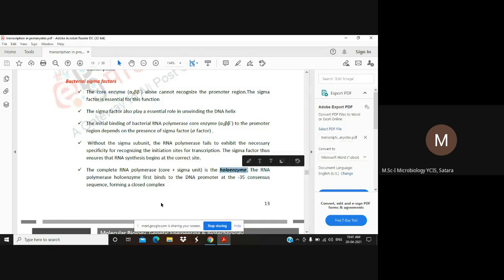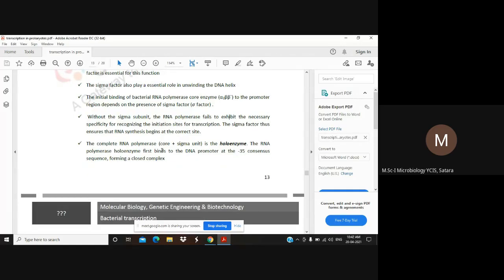Okay. So this sigma factor is essential for recognition of this promoter region. And whenever there is a recognition, then there is unwinding of the DNA helix. So sigma factor is essential.